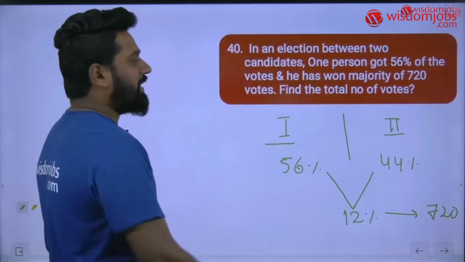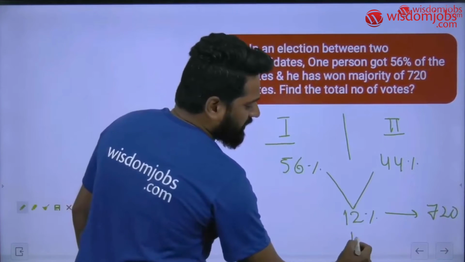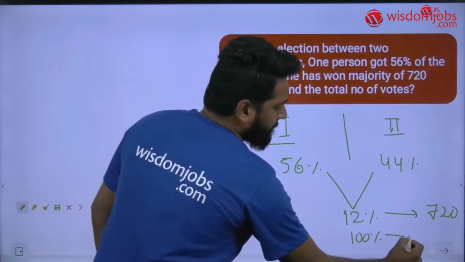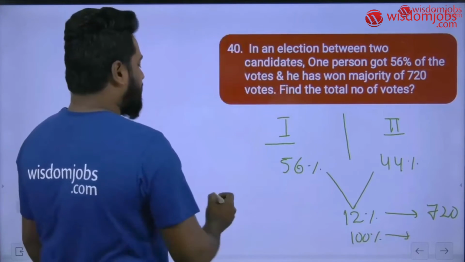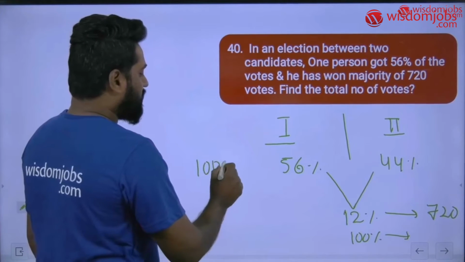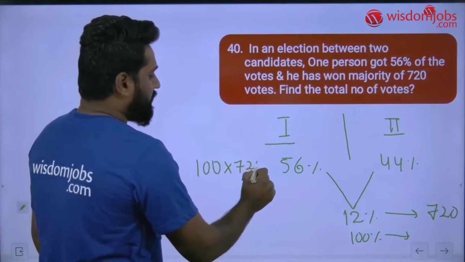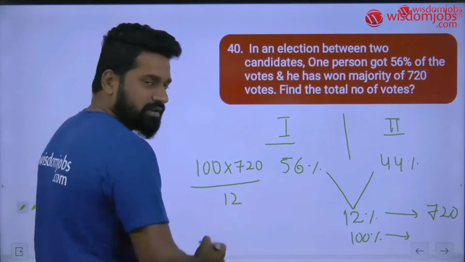Now we have to find the total number of votes, which indicates 100%, is how much? Cross multiplication, that is 100 into 720 by 12. Is it clear?